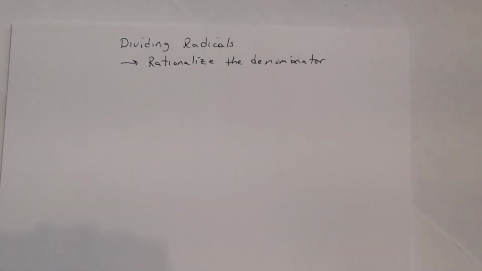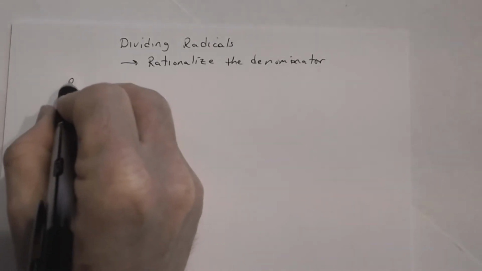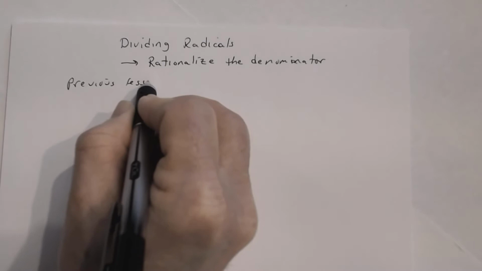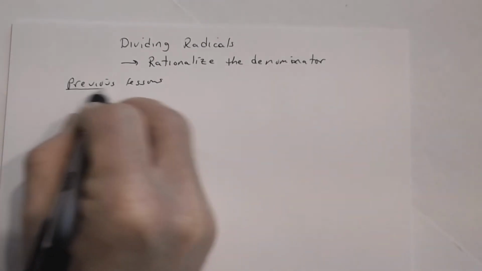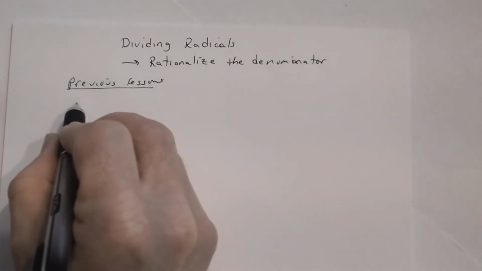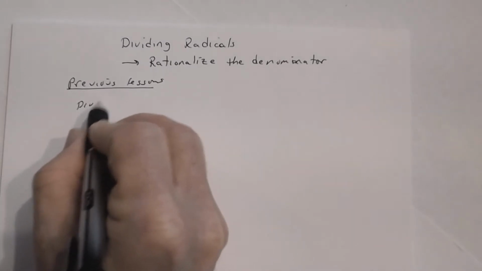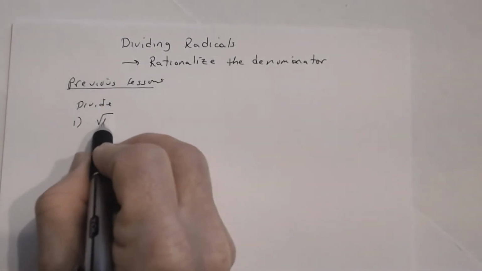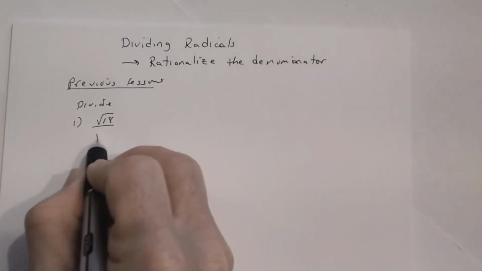Okay, so let's remind ourselves about one of the lessons we had previously, with a couple of examples. In a previous lesson, we looked at something like this, where you wanted to divide two square roots. Number one, we had the square root of 18 divided by the square root of 2.